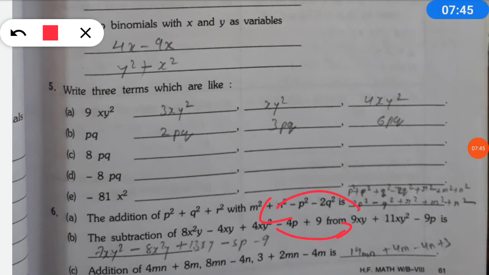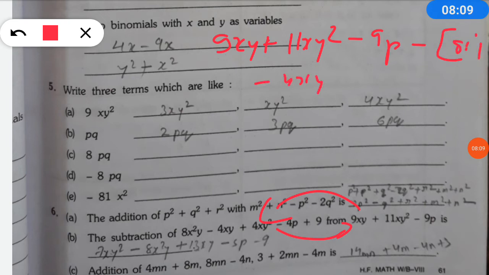First we write 9xy plus 11xy square minus 9p, from which the other expression will be subtracted. The subtraction sign will come, so we keep each and every term inside the bracket: 8x square y minus 4xy plus 4xy square minus 4p plus 9.